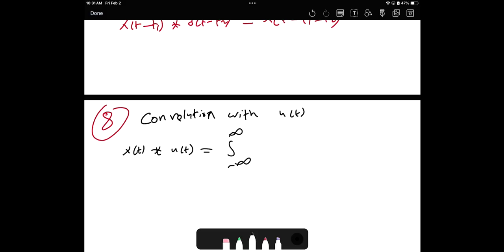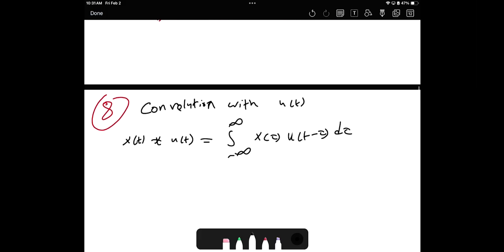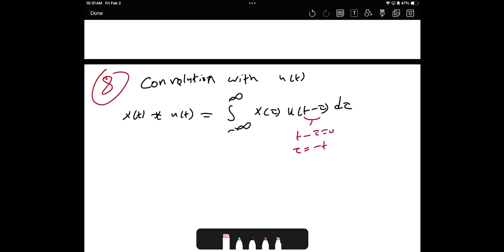The integral from negative infinity to infinity, x of tau, u of t minus tau, d tau. Recall that u of t minus tau equals 0 when tau is greater than t, and it equals 1 when tau is less than t.